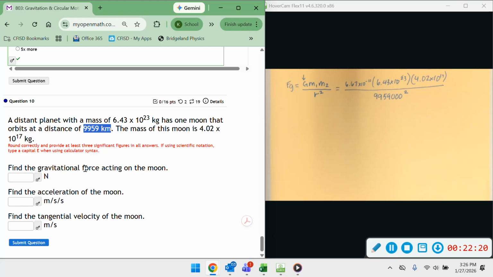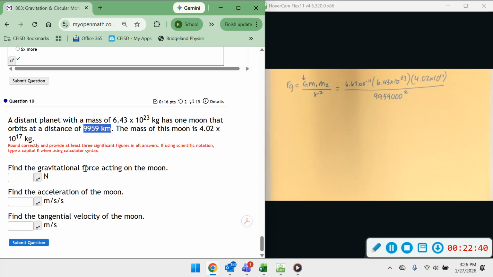6.67 times 10 to the negative 11th times 6.43 times 10 to the 23rd times 4.02 times 10 to the 17th. That's my numerator.